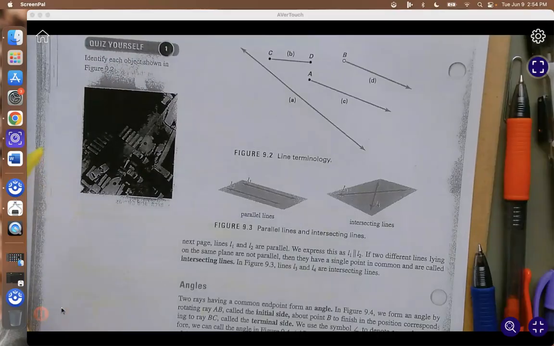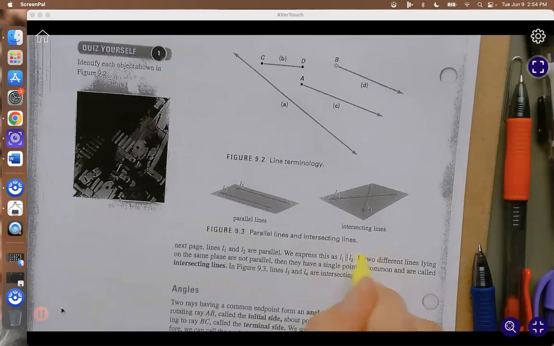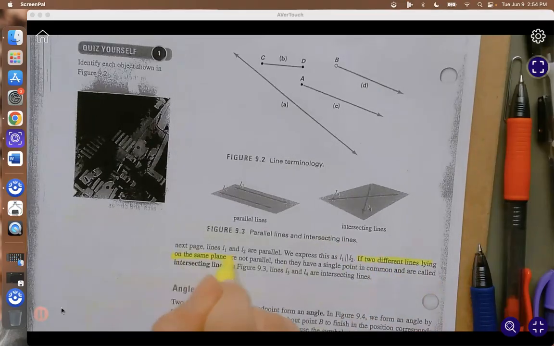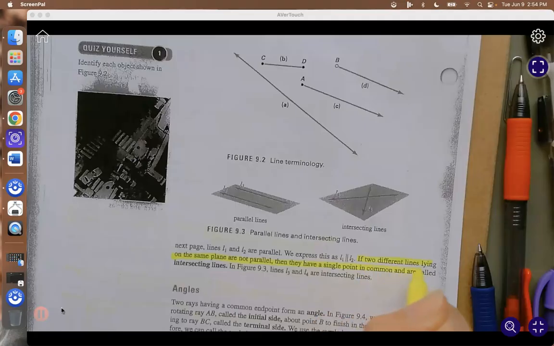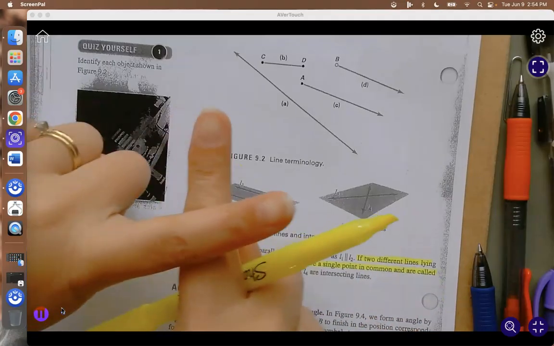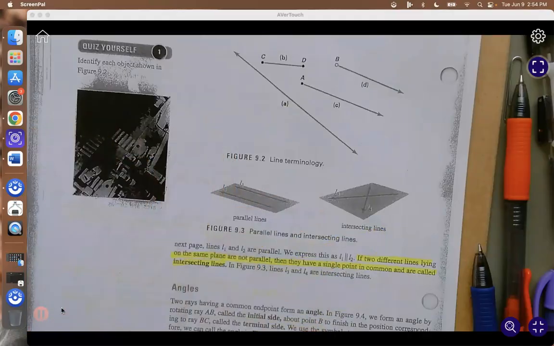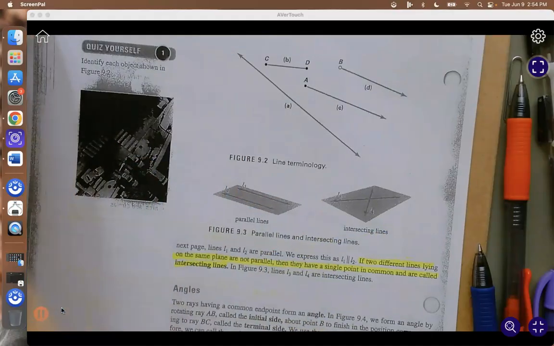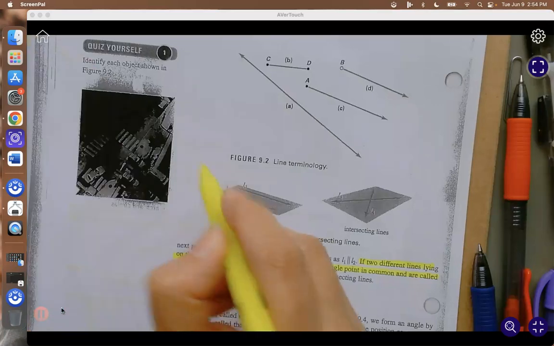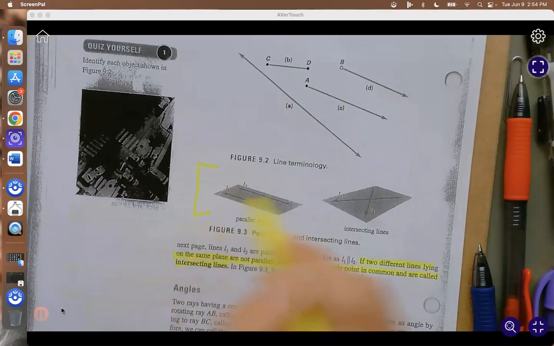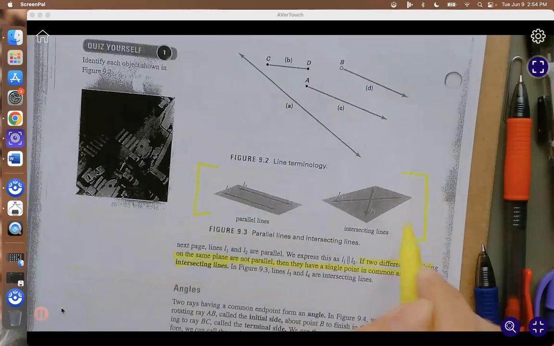And if 2 different lines lying on the same plane are not parallel, then they have a single point in common and are called intersecting. That's where the 2 lines touch. The intersection is that. So here's a visual of parallel lines and intersecting lines.